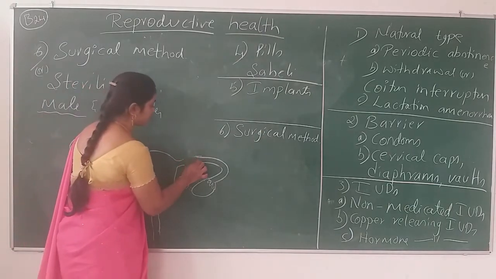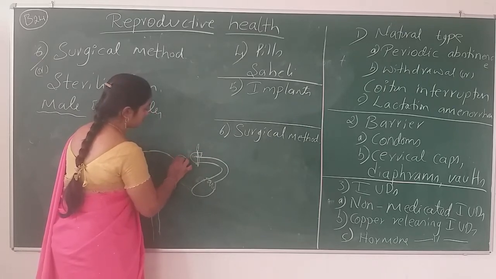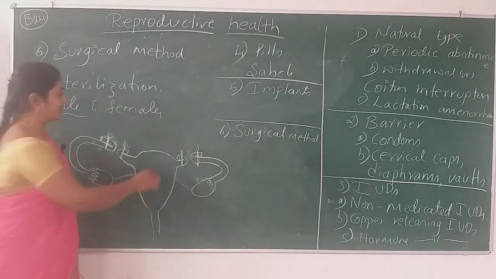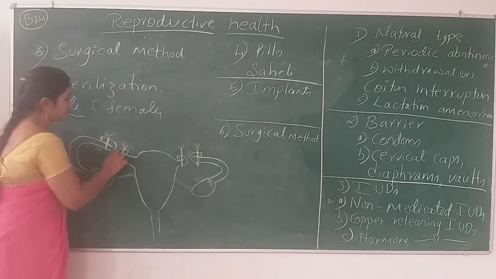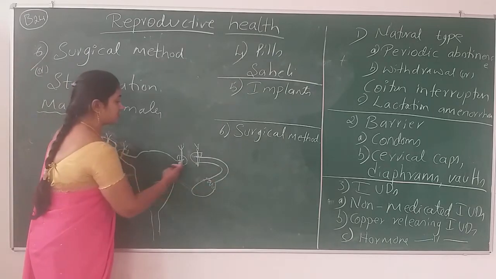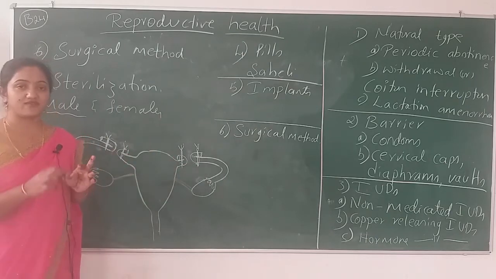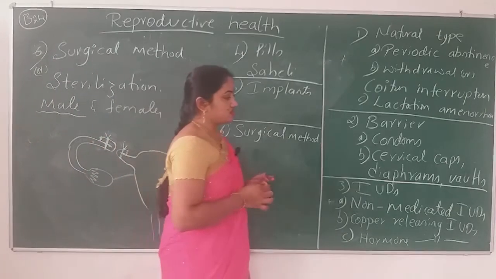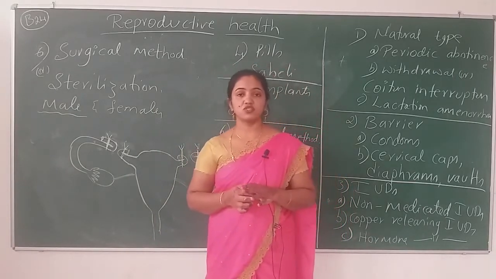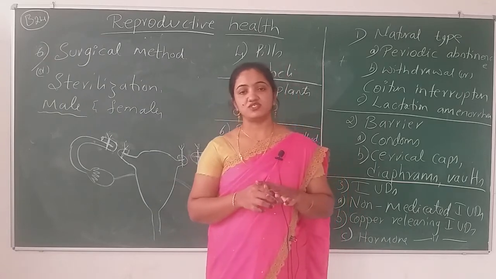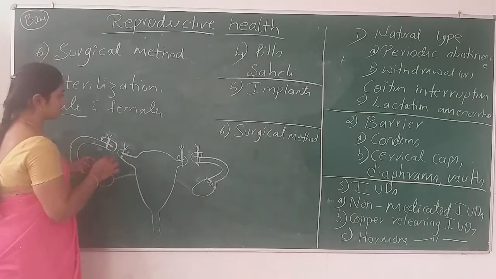Here also I will show you the same. Cutting and tying the fallopian tube. This is one fallopian tube, and the same way the other. They make the incision in the lower abdominal region or through the vagina and do the tubectomy process.